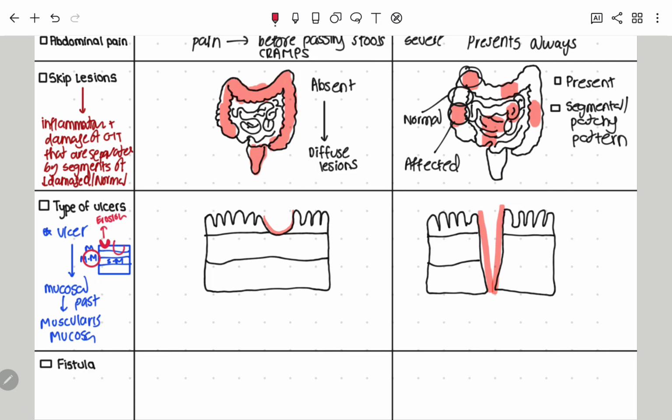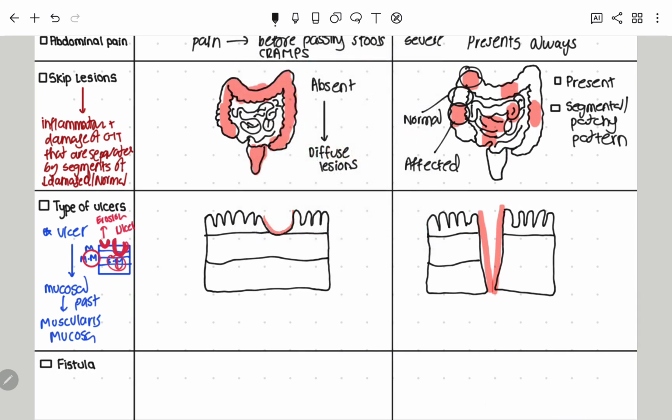Whereas if the defect runs through the muscularis mucosa and further runs into the submucosa, this is an ulcer. So please be able to differentiate between this, because more often than not, if you bring up the terms erosions or ulcers in the exam, you will be asked to differentiate between the two of them.